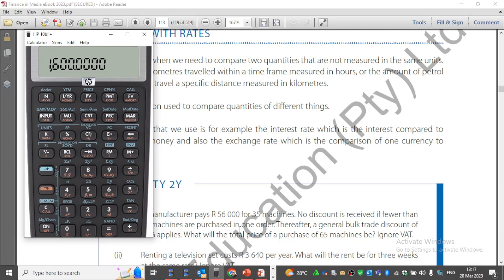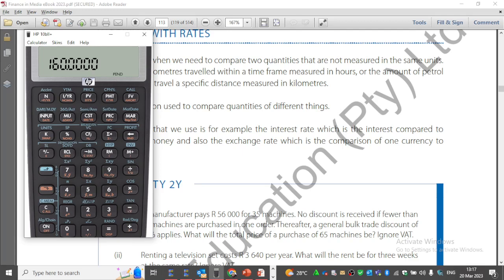So under this one, we have to calculate first how much the discount will be. 1,600 multiplied by 10% gives us 160, meaning that for every item above 40, this customer will receive 160 discount.